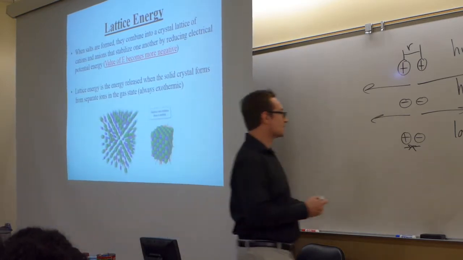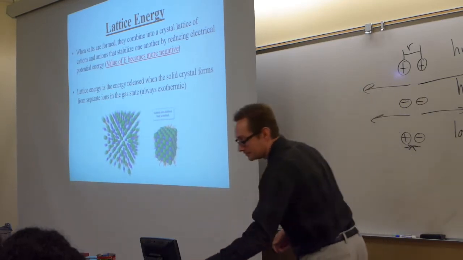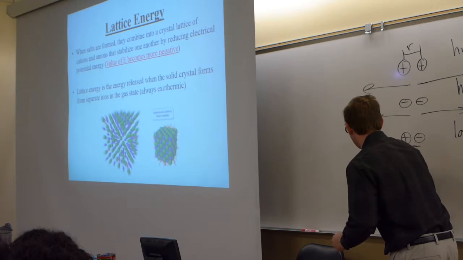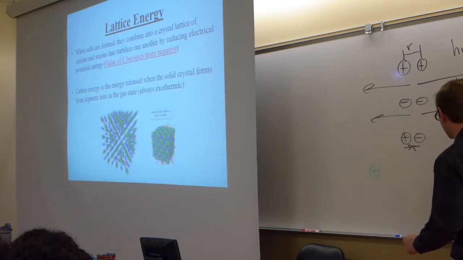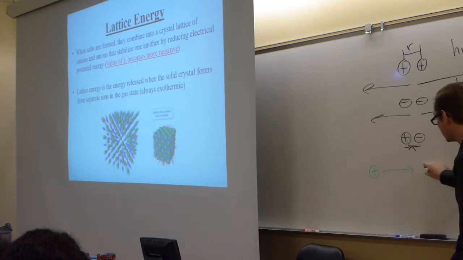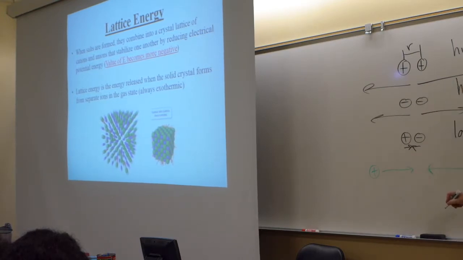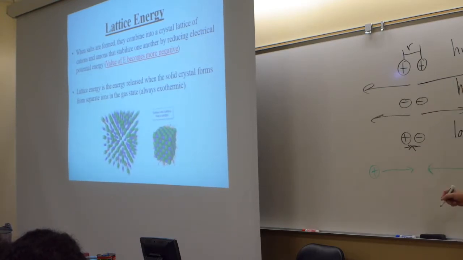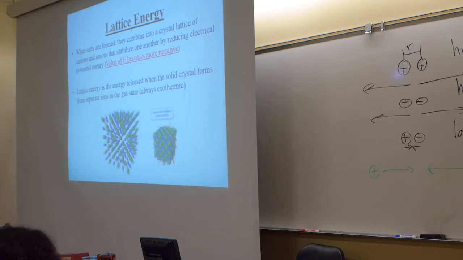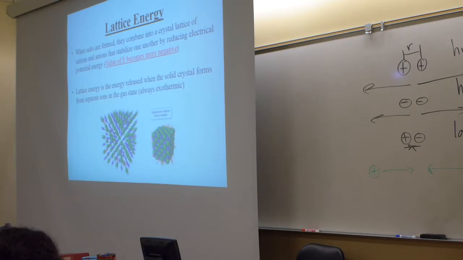It's because you're going from positive and negative out here, where the cation says, hey anion, I love you, I want to come together and hang out and marry you for life. That's what they say. So this is a high potential energy situation.